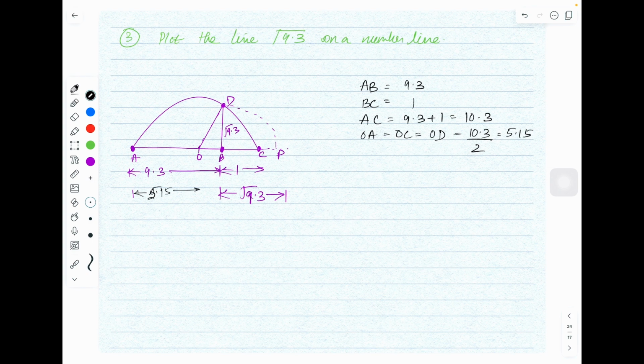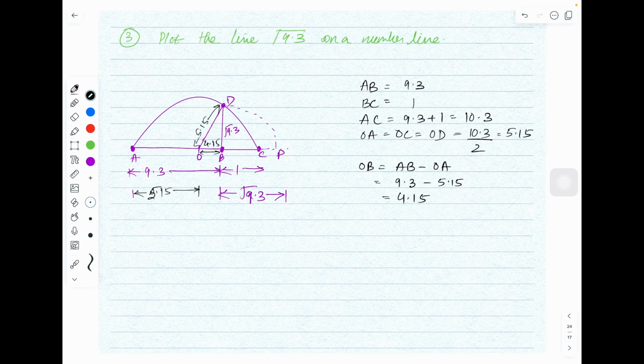Since it is the radius. Now OB value you have to find. OB equals AB minus OA. AB is 9.3 minus OA is 5.15. This is coming 4.15.